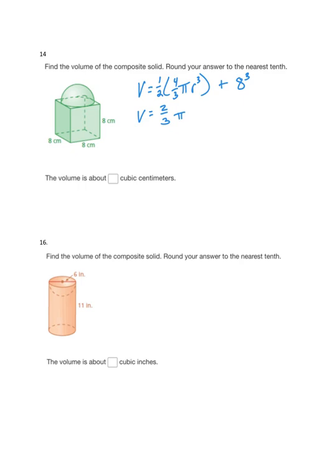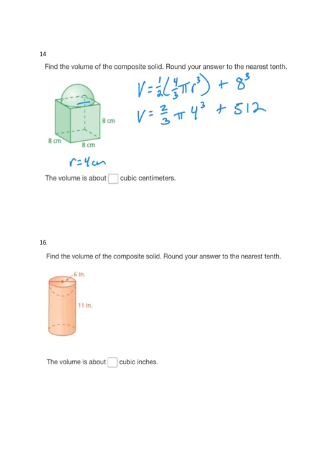Now I have to figure out what my radius is. So if this circle goes all the way across the cube, and I see that the distance all the way across is 8, that means my radius is 4 centimeters. So I'm going to do 4 cubed plus 8 times 8 times 8, or 8 cubed, is 512.